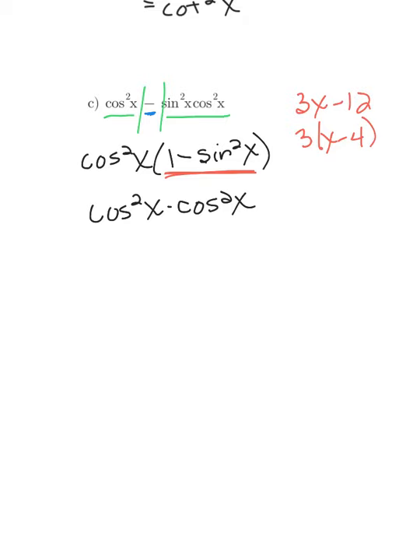So we are really close to what our directions tell us to do. Write it as a single function. We only have one type of function here in the cosine, but we have two different cosines being multiplied. So to make it into a single term expression, cosine squared times cosine squared equals cosine to the fourth of x. And that would be your final answer.